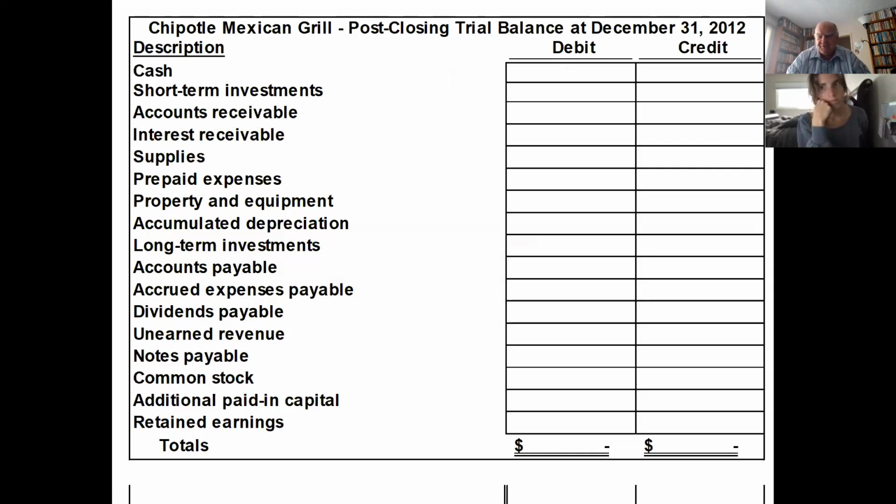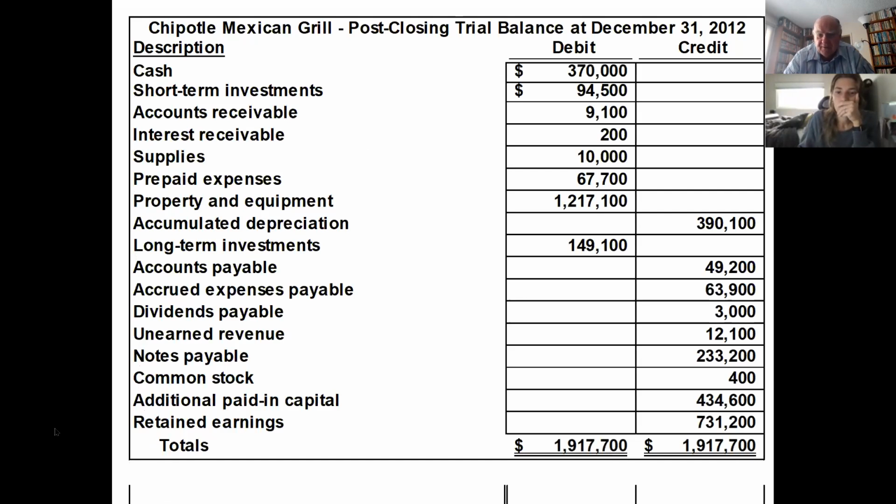So take a look at your post-closing trial balance. Trial balance goes in the same order, right? Assets, liabilities, equity. What don't you see? You don't see any revenues or expenses because we got rid of them.